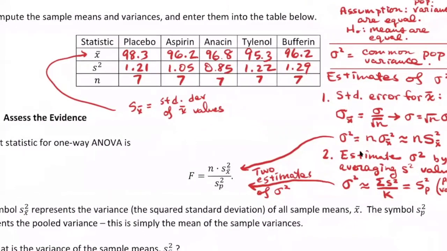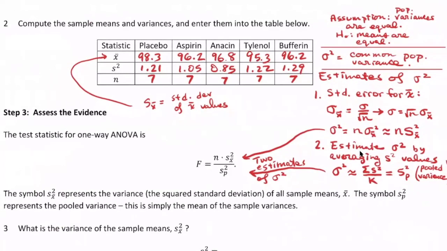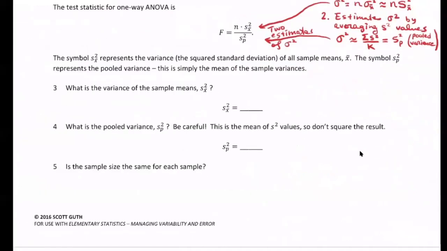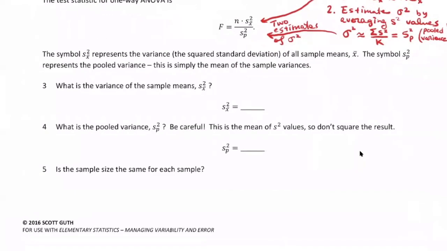So if you'll step back and on your calculator, just key in the X bar values. So there are 5 X bar values. So here, what's the variance of the sample means? Here we want you to clear your memory and key in all of the X bar values to get their standard deviation. Okay, so let's do that real quick.